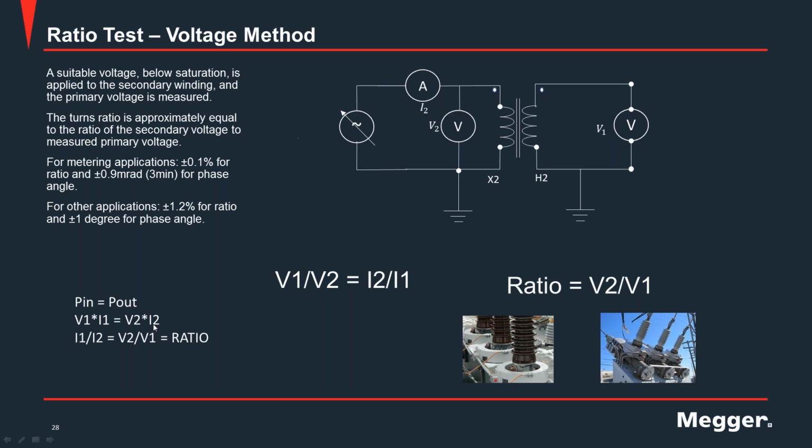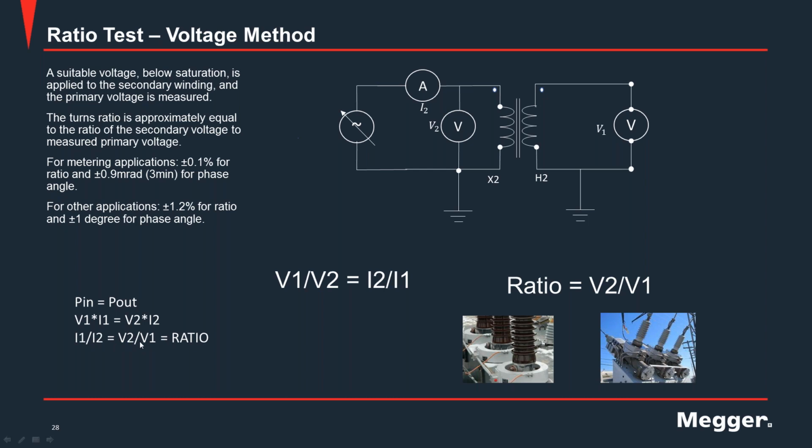I am assuming here that there are no losses, so please take note of that. In getting the ratio, for current we have I1 over I2, but for voltage it is the reciprocal. So we have the secondary voltage divided by the primary voltage. This is the current method, and this is the voltage method.